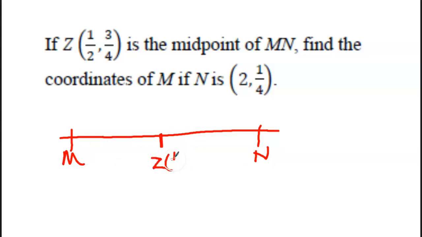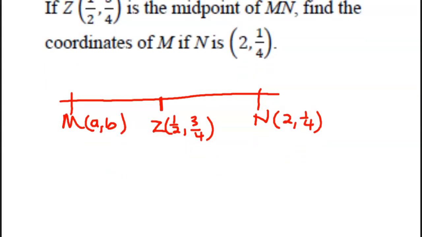We know this value, 1 on 2, 3 on 4. We know this as 2, 1 on 4. But we don't know M, so we can let M be (A, B). The X component be A, then the Y component would be B.